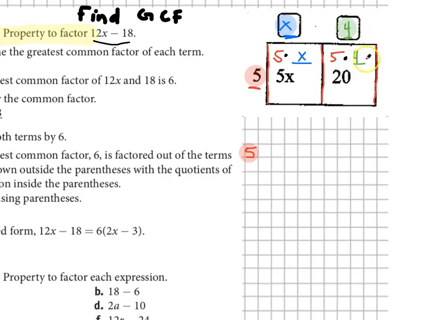In this case, that's a positive 4. That's how I get positive 20. So when I write my equation, that's 5, and I'm multiplying, here's my parentheses, times x plus 4. x and then positive 4. That's these two numbers, this one and this one.